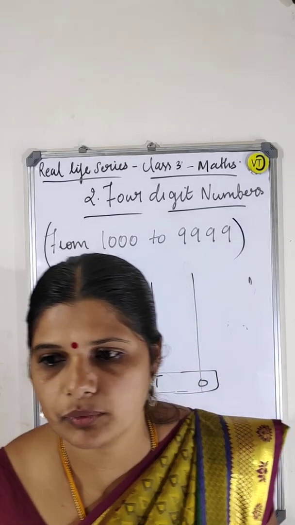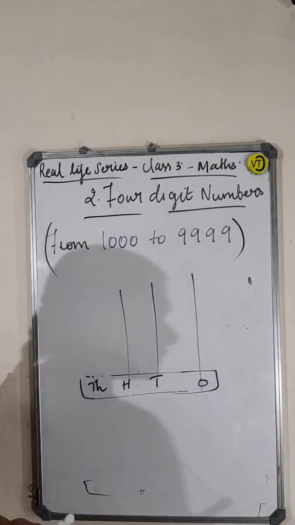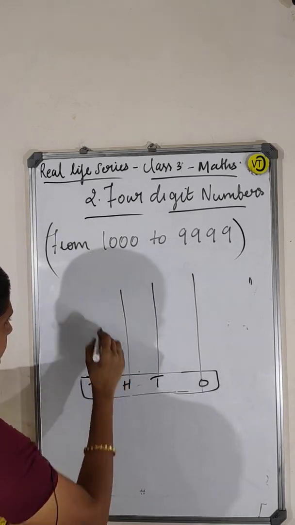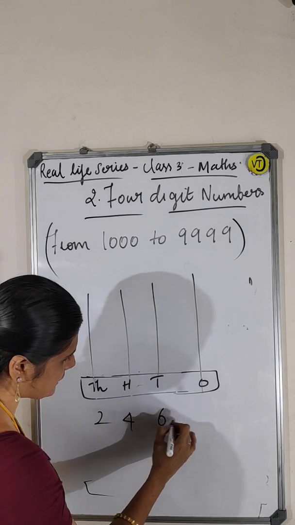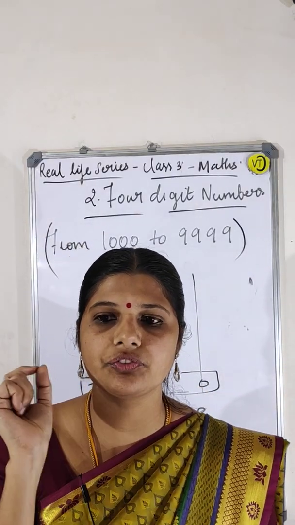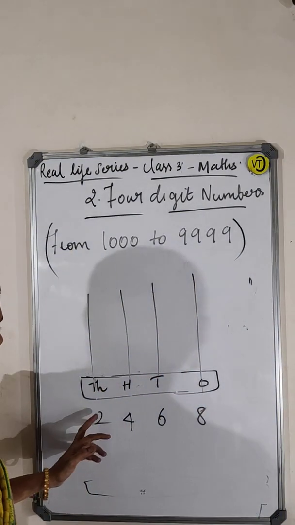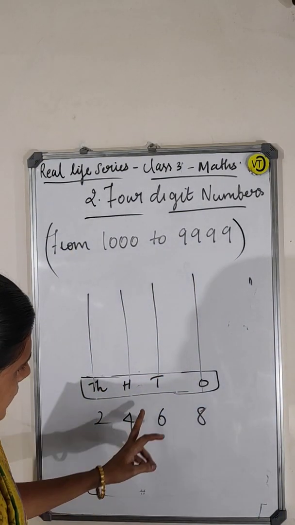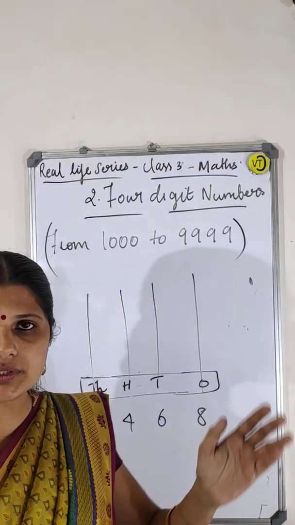Okay, now I am going to give a 4-digit number here. So listen, 2, 4, 6, 8, they are giving the numerals. You have to represent 2468 on the abacus. How do you do it? I want to represent it by using the beads.